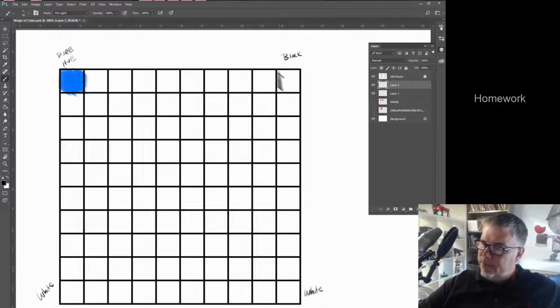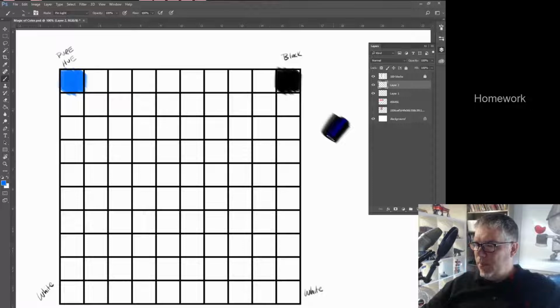If you start with a pure hue in one corner, and then pure black in another corner, and the bottom two are going to be white, then what you're going to do is basically mix those. So if I were using actual paint, I would get some black out on my palette, and then some of the color that I've chosen to use, and I would try to hit the middle of that color, what felt like a good middle.